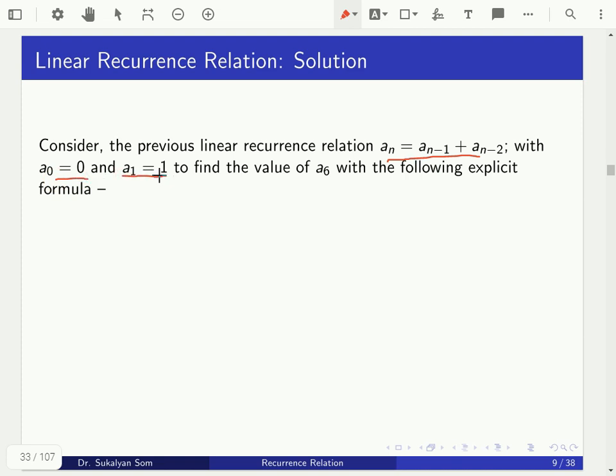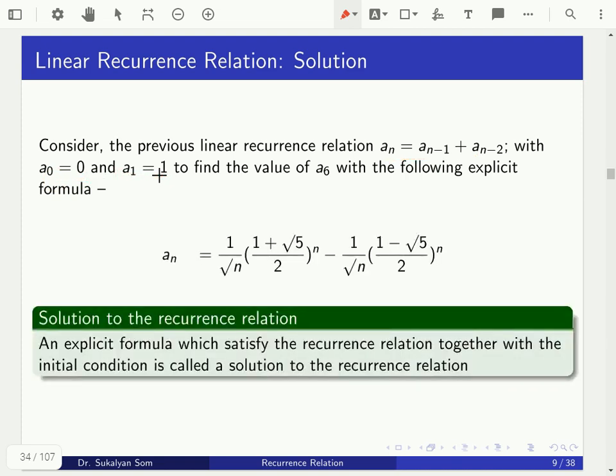But this time an explicit form of an involving simply a function of n only is given to us. It can be easily observed that this right hand side of the equation an, that is 1 by square root of 5 times 1 plus square root 5 by 2 whole to the power n and so on, is nothing but a function of n.